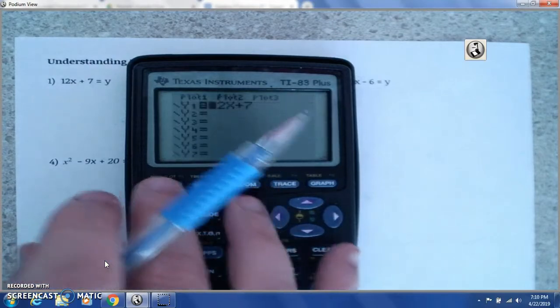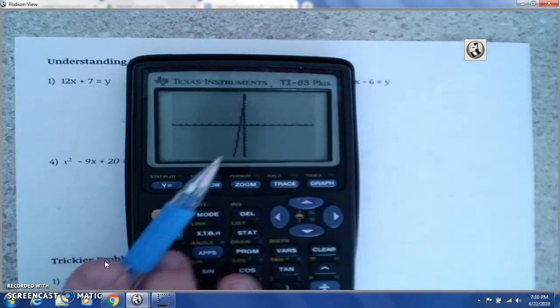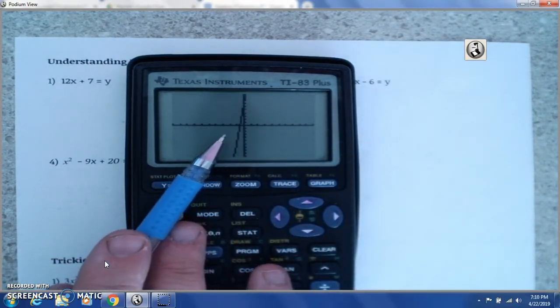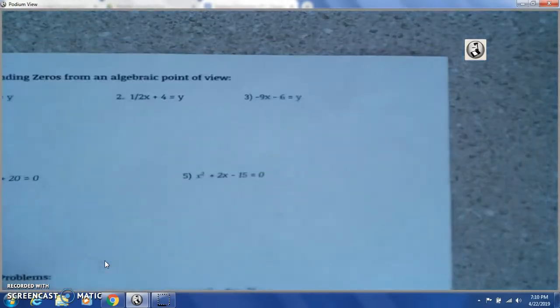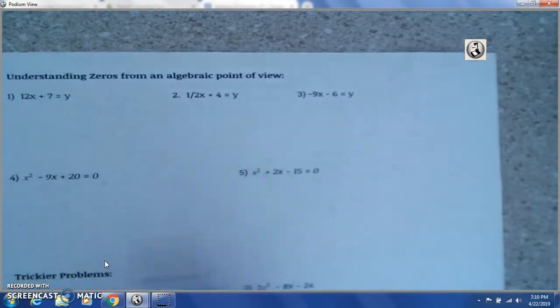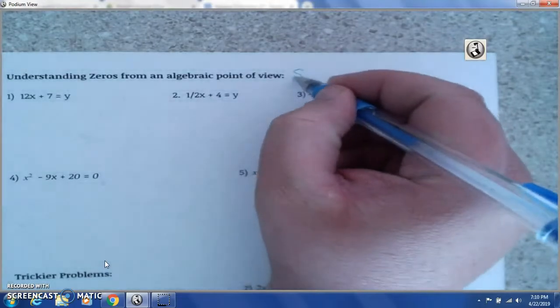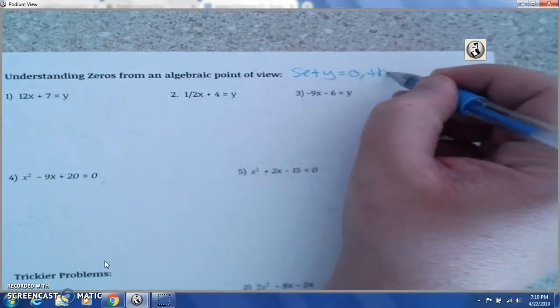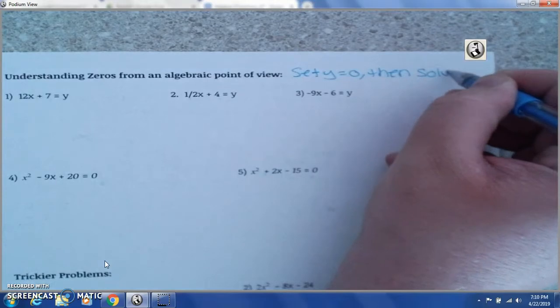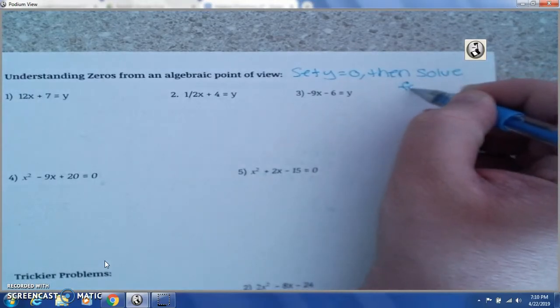On an SOL, I would probably look for an answer choice between 0 and -1. So the way that you solve for zeros if you're not graphing is set y equal to 0 and then solve. Okay, so set y equal to 0 and then solve for x.